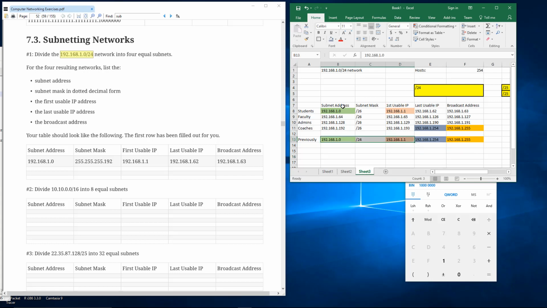Those addresses exist when we subdivide it. We've just broken apart that one chunk. So we haven't added any new IP addresses. We've just allocated them to different networks here. Okay? So the start and the end are the same. We've just added some stuff here in the middle to break these into smaller networks.